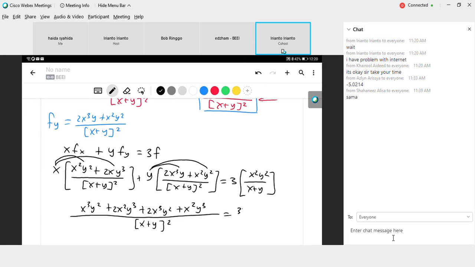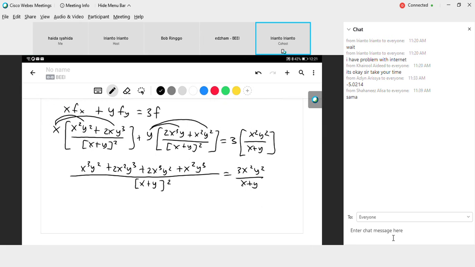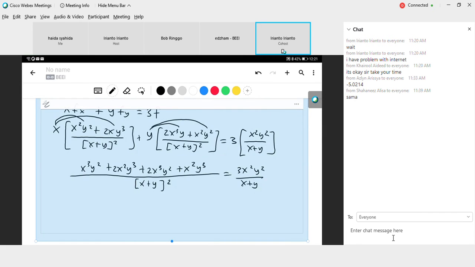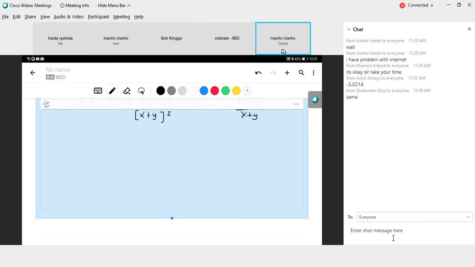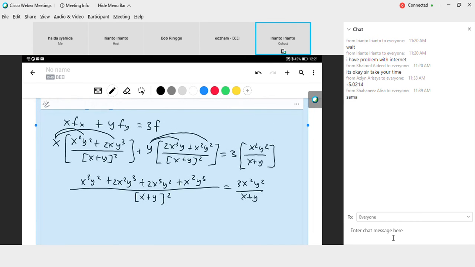This is supposed to be 3x squared y squared over x plus y. Are you still with me? Do you understand? Yes, sir.